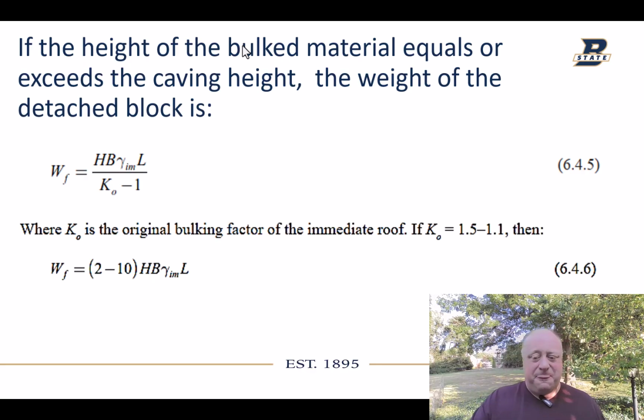But we found out over time in the 70s and the early 80s that using this original bulking factor can in fact underestimate the capacity of required shields. There were shields that were lost, probably entire systems, longwalls that were lost early on because of this.